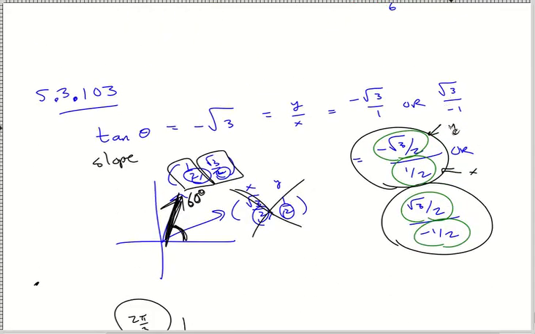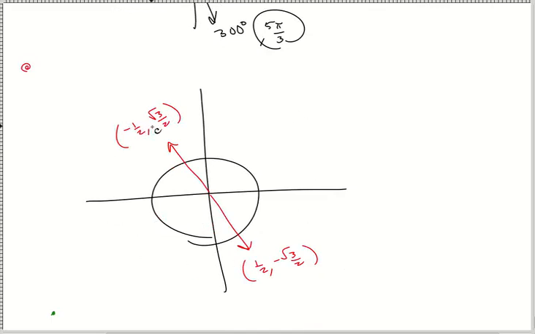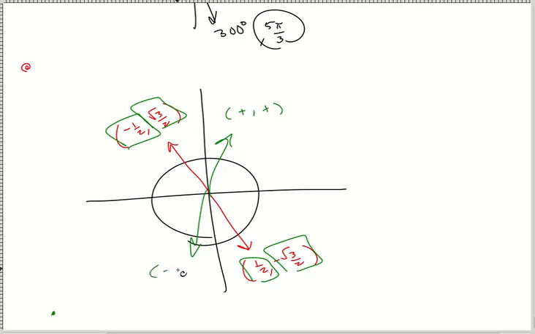So I'm looking for y's being square root 3 over 2. I'm looking for x's being halves. And I look around this entire unit circle and I find them right here, y and x. You also find them here and here, but they're either both positive or they're both negative, and we've already said that those don't work. One of them's got to be negative, and one of them's got to be positive.